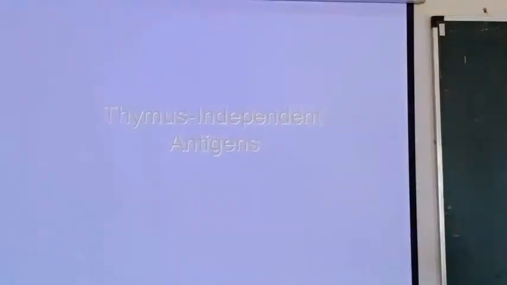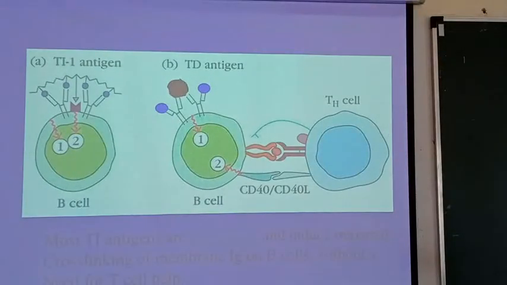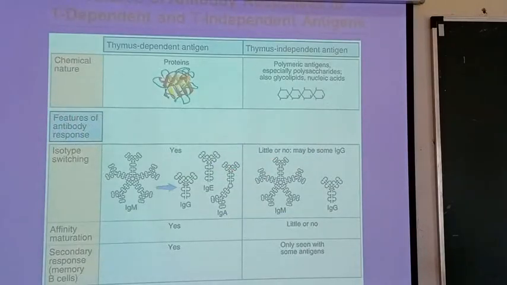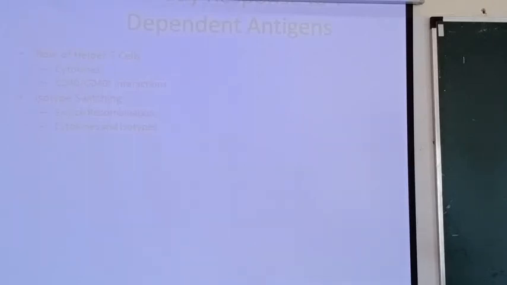The T1 antigen and the TD antigen are shown. The thymus dependent antigen is protein in nature, while the thymus independent antigen is glycopeptide, nucleic acid, and saccharides. The helper cell plays an important role in cytokine production and CD40 interaction, while isotype switching involves recombination, cytokines, and isotypes.